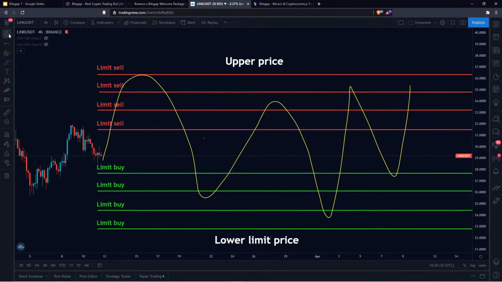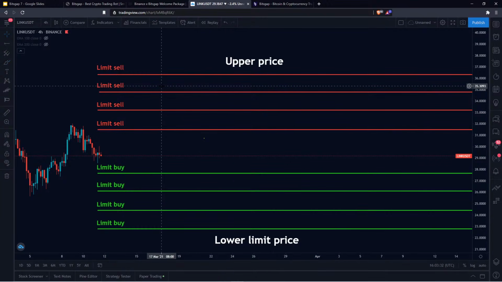And within this trading range you expect the bot to make trades on your behalf. We have the sell side, which is represented by limit sell orders, and the buy side, which is represented by limit buy orders. They are also known as the grid levels, okay?